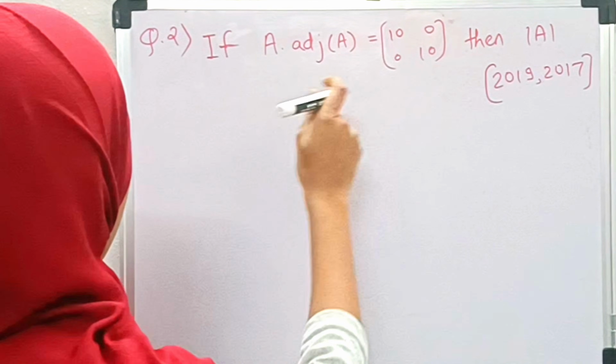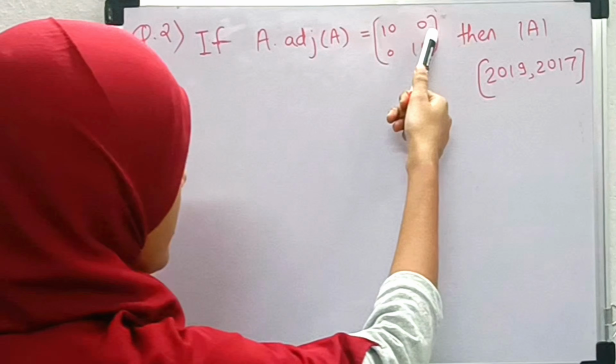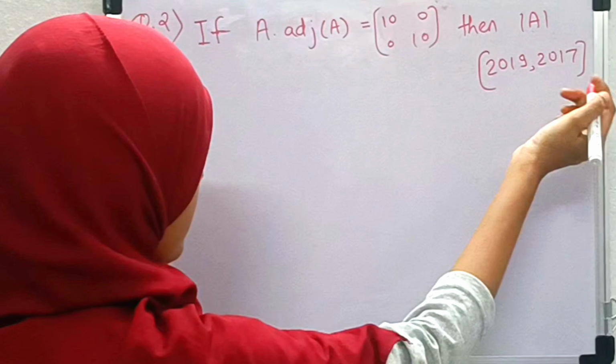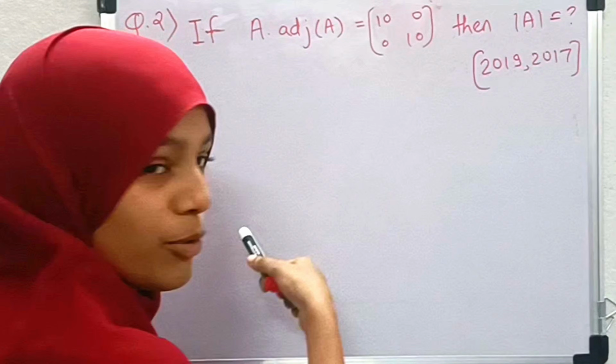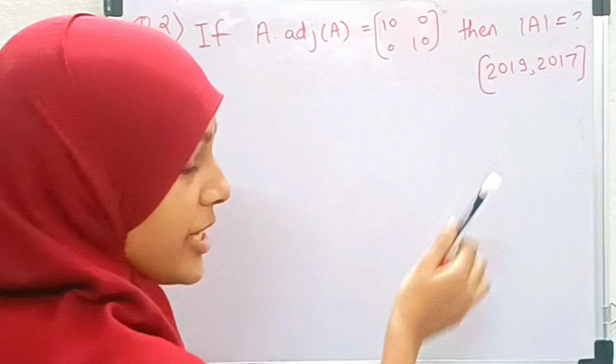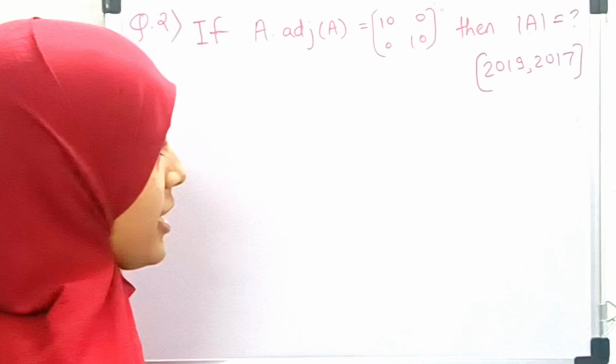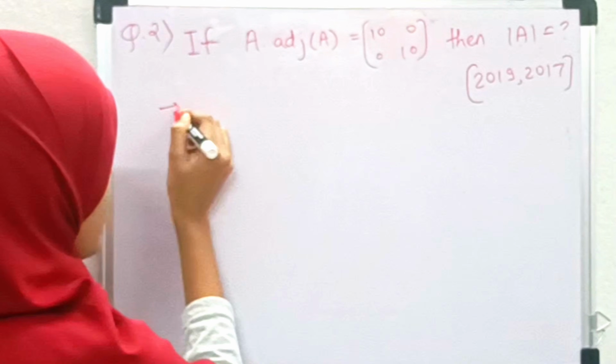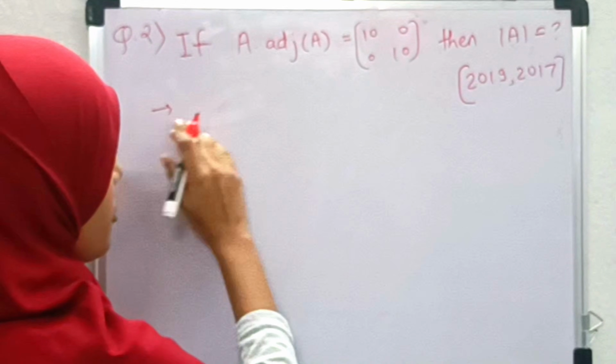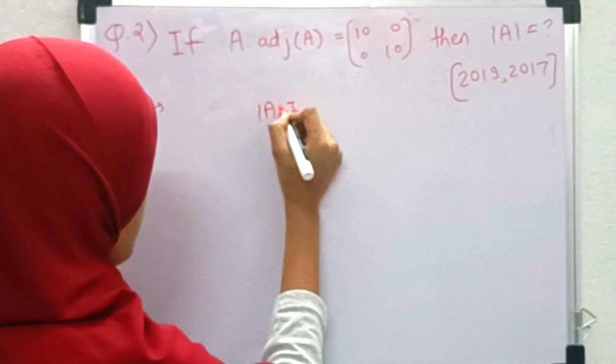Here, if A into adjoint of A is 10, 0, 0, 10, we have to find the determinant of A. This question was repeated in 2017 and 2019. This is a very simple question using our short trick. We know A into adjoint of A is nothing but determinant of A into In.